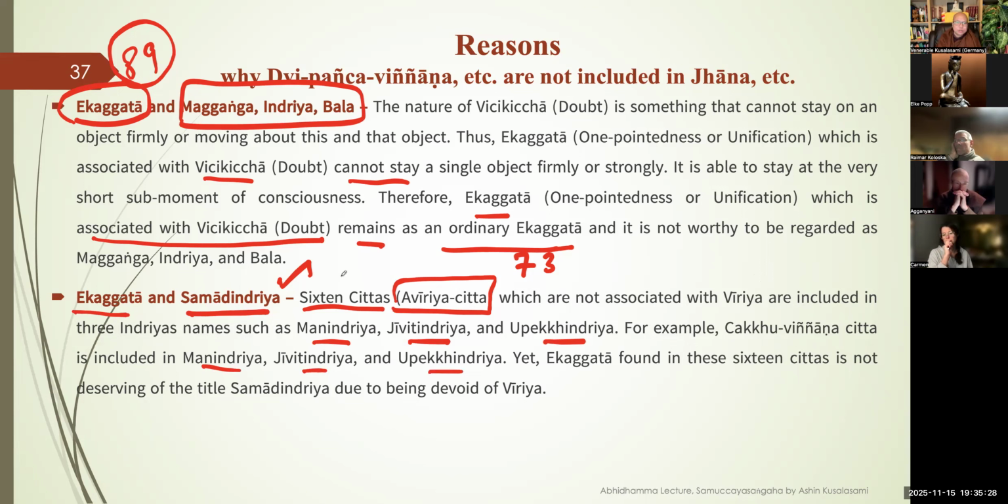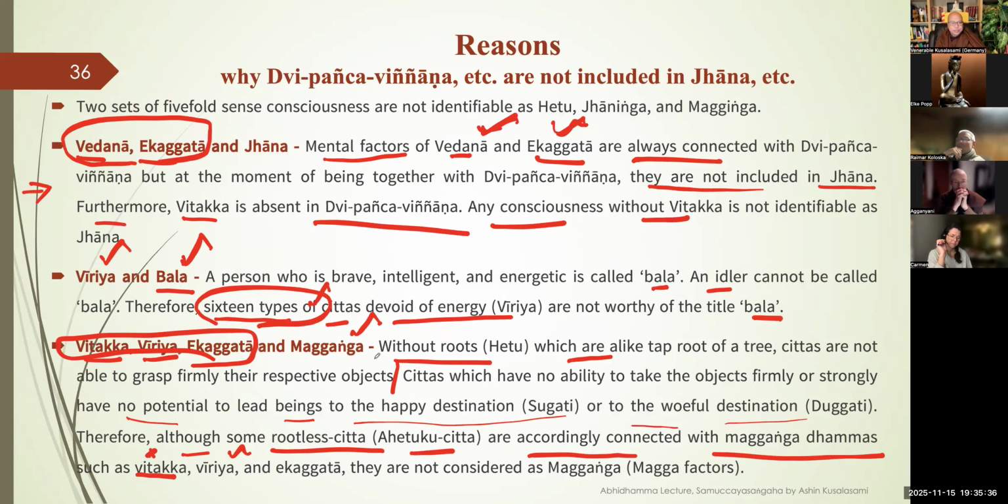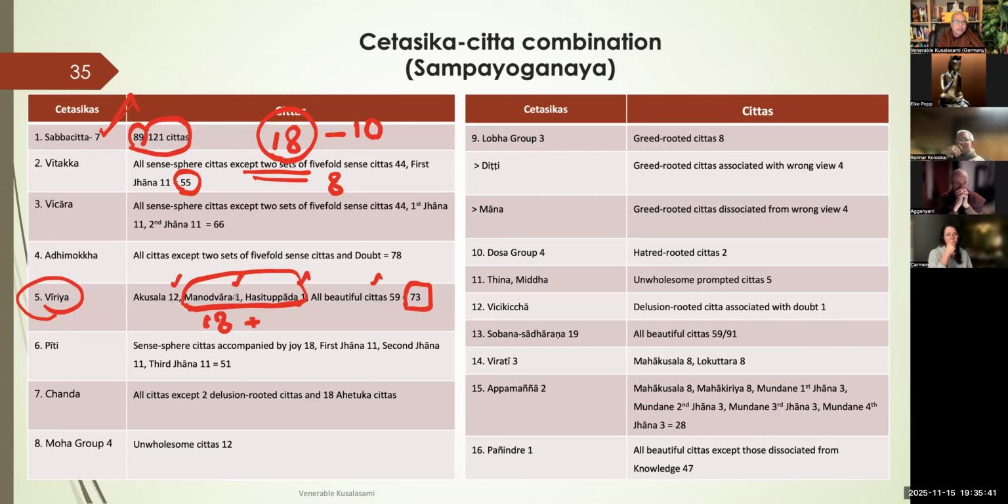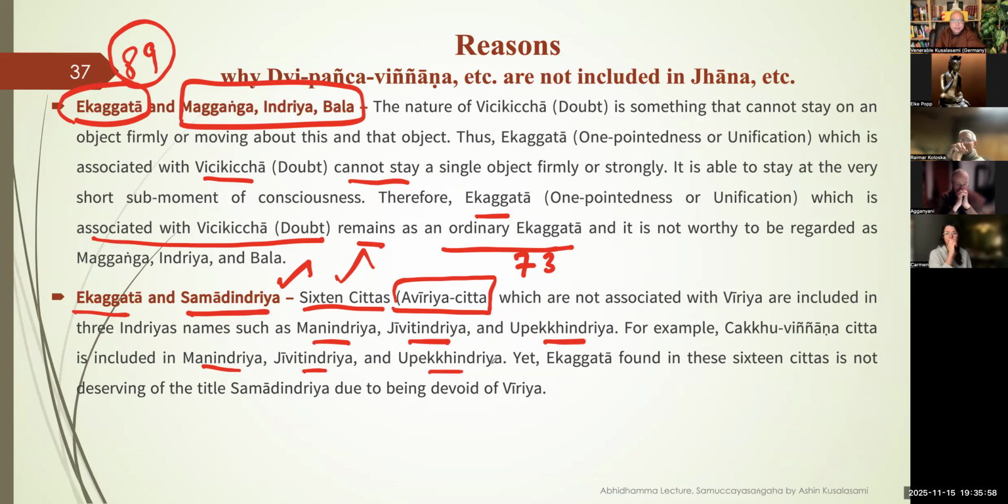So when you are reading this, what you should know is what the 16 Cittas are. Without knowing that, it's difficult. So the 16 Cittas, you can look at here, the Aviriya Citta. Of those with Viriya, only Manodvara Vajjana and Hasituppada are associated with Viriya, so the rest are the two sets of five sense consciousness, like Cakkhuvinnana, etc. And yet, Ekagata found in these 16 Cittas is not deserving of the title Samadhindriya due to being devoid of Viriya. So Samadhindriya, the concentration faculty, here is Ekagata.